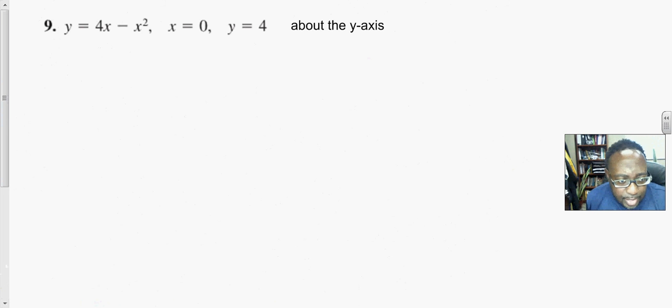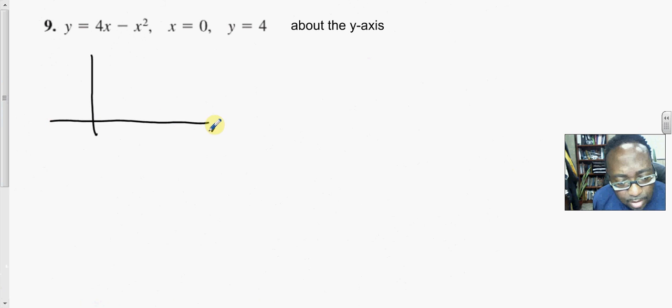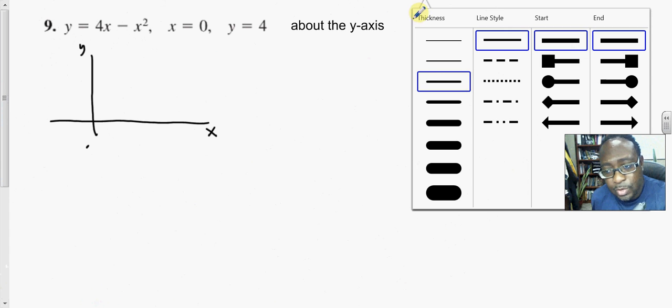So let's look at this guy. We have y equal to 4x minus x squared, x equal to 0, y equal to 4, about the y-axis. Let's do it in red.